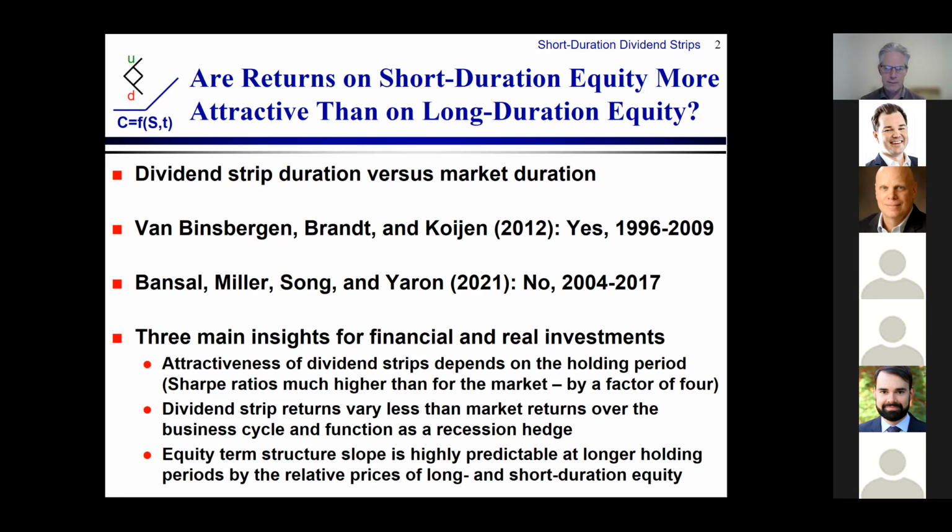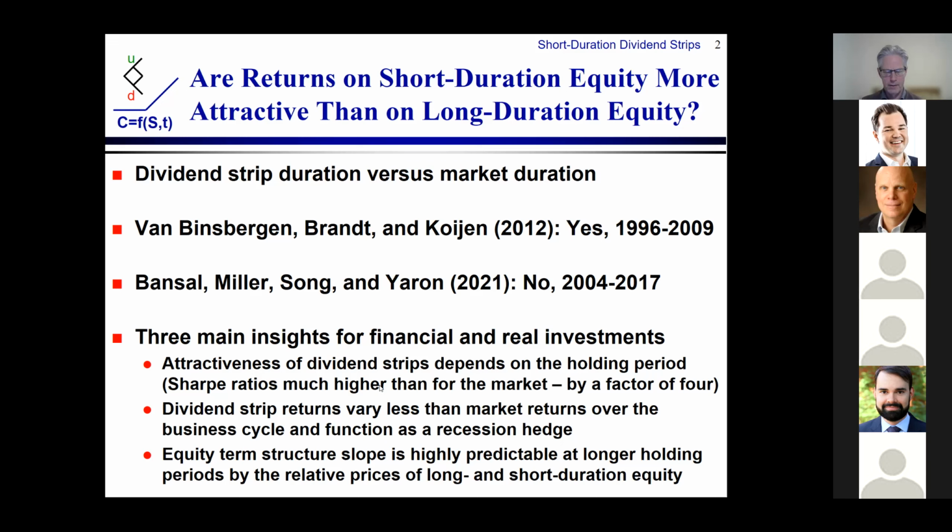And that difference is highly predictable, in particular at longer holding periods, also at shorter holding periods, by the relative prices of long and short duration equity. So if you're taking the relative prices, you have a very nice predictor. You can also view these relative prices as relative dividend price ratios. Right?